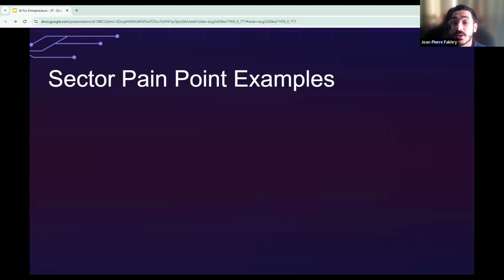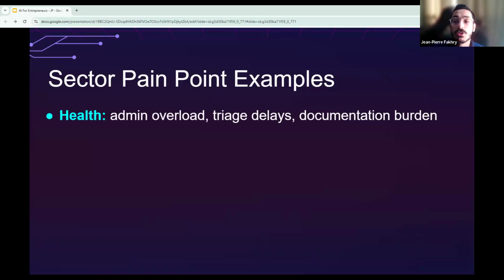Let's take some sector pain point examples. In health, the number one complaint from clinic staff across the world is not patient care, it is paperwork. A 2022 study published in Internal Medicine found that U.S. physicians spend more than 4 hours per day on administrative tasks: documentation, prior authorization, billing, and so on.